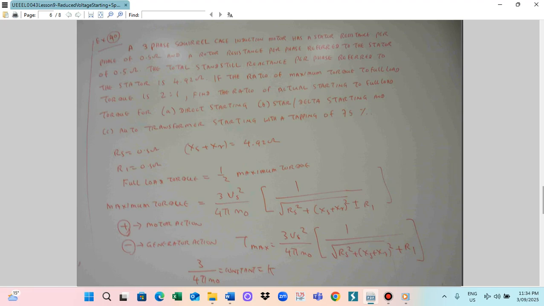So this is the equation. For the motor action you have to use the plus, and for the generator action, the minus. So plus for the motor action and minus for the generator action.